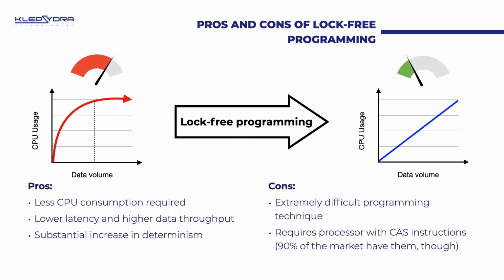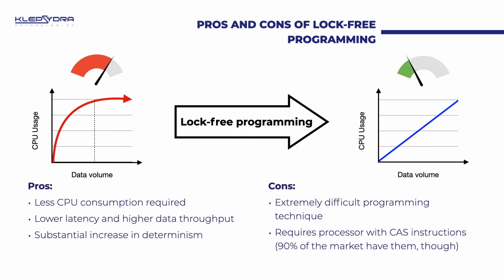So as a conclusion, lock-free programming techniques can reduce these problems of data processing: consume less CPU, less latency, higher data throughput, and more importantly, increased determinism. The main cons of this solution are the extreme difficulty in programming these techniques. I mean, there are only so many developers that have real skill to work with that, especially rare in the space sector.